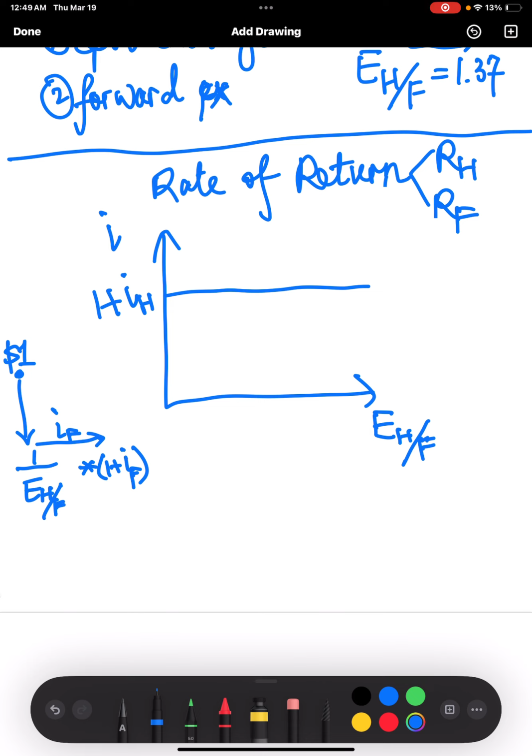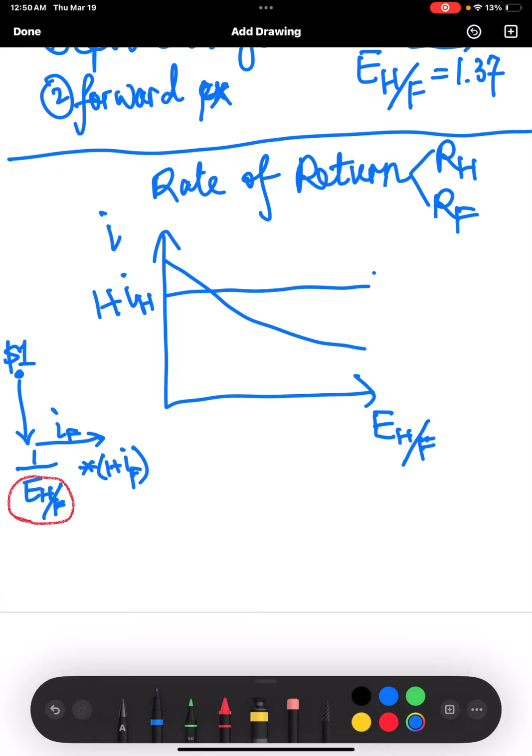And then from looking at this, we see that if the spot exchange rate increases, which means that your rate of return actually decreases, right? So therefore, the rate of return in this foreign asset is a downward slope.